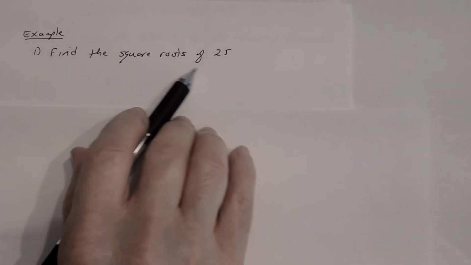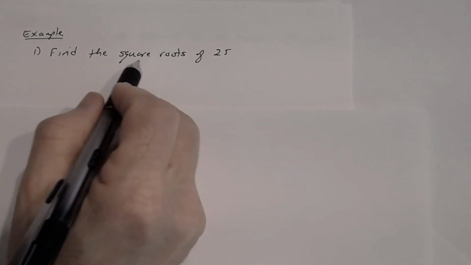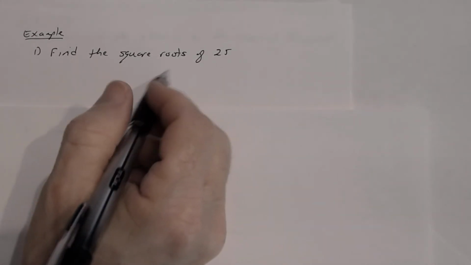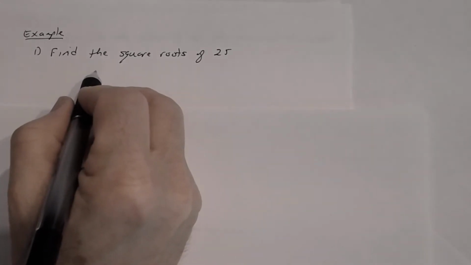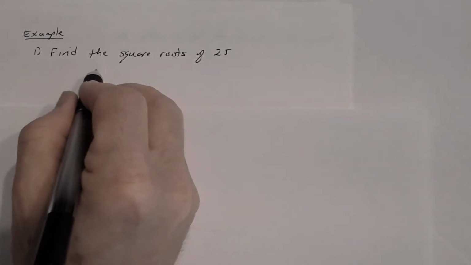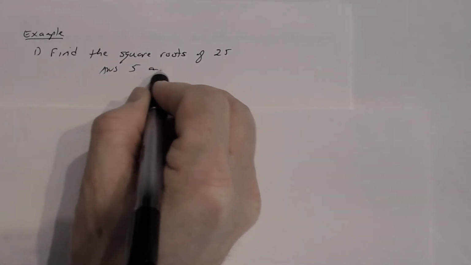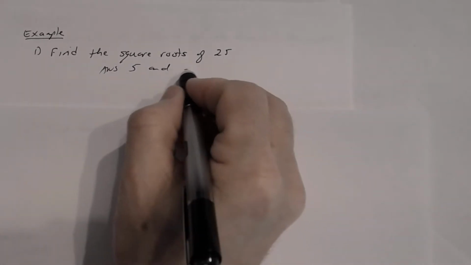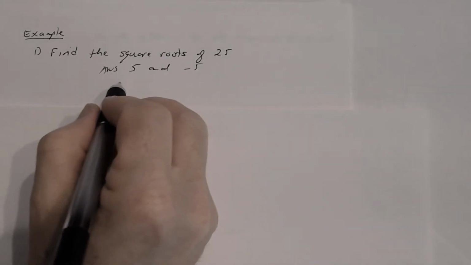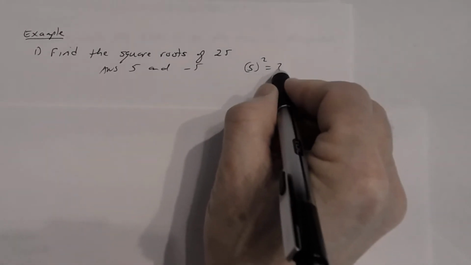So what times itself is 25? 5. So you're going to say 5. And what's the other answer? Negative 5.